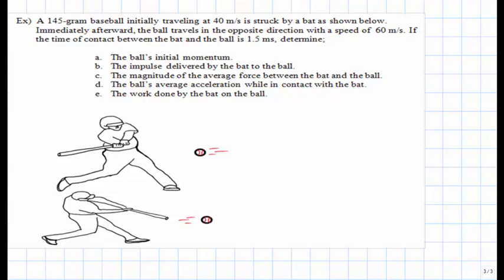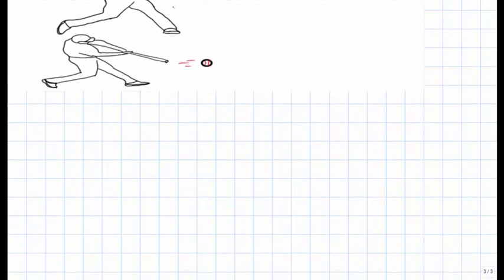If the time of contact between the bat and the ball is 1.5 milliseconds, let's begin by determining the ball's initial momentum. Now, of course, the symbol for momentum is P with an arrow on top. So we need to find the ball's initial momentum.